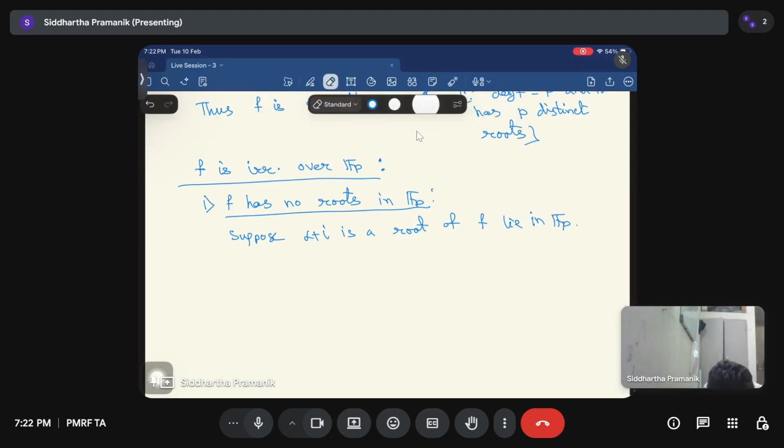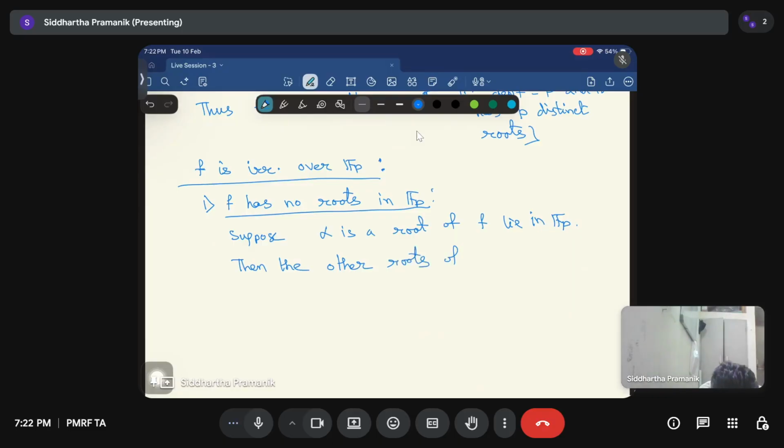Okay, so we are assuming one root lies in F_p, then all other roots also lie in F_p. So let's take it alpha. Then the other roots of f are alpha plus 1, up to alpha plus p minus 1. So this thing we have already observed. So hence all roots of f are in F_p.